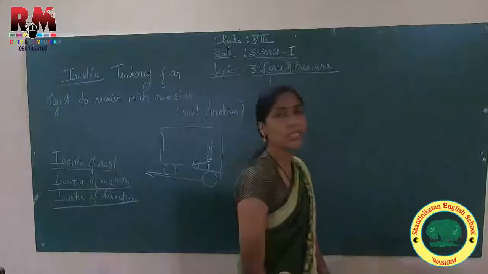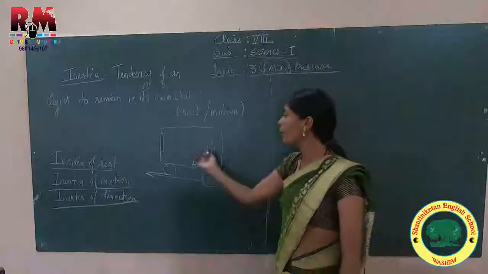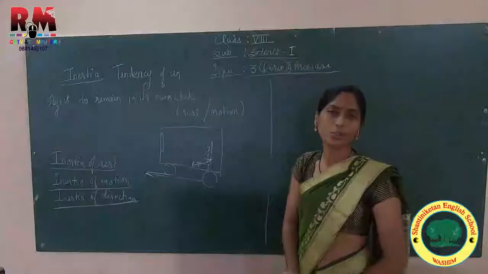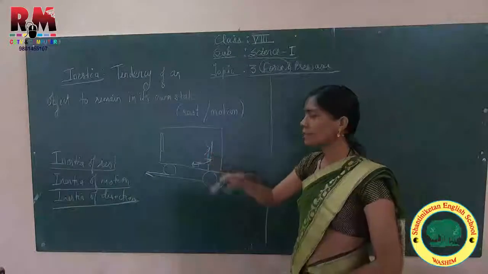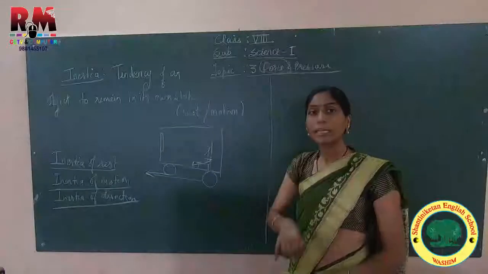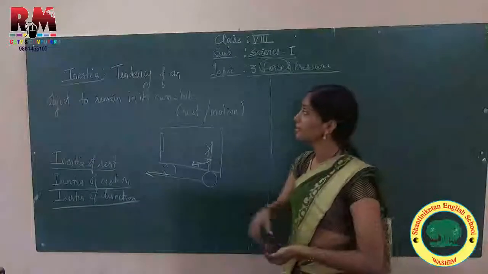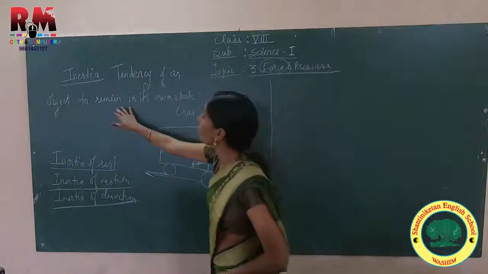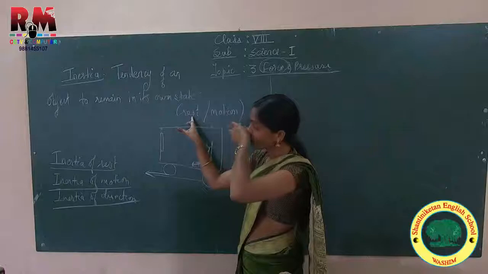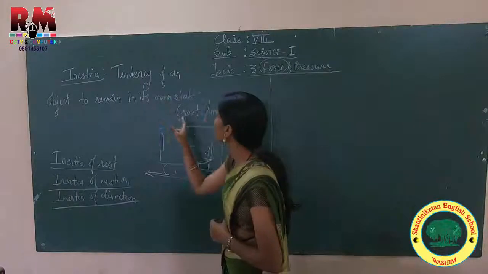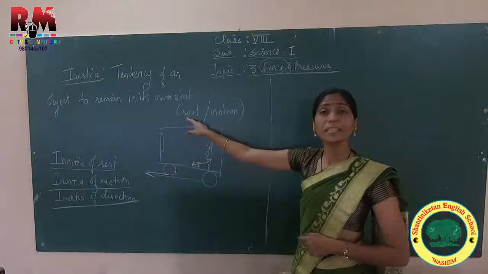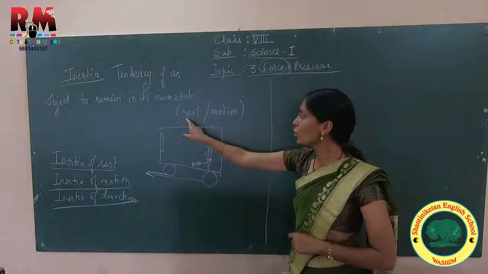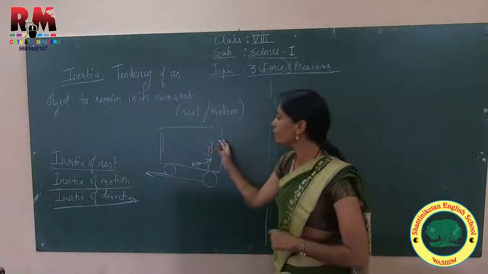Just now we took one example of a bus. That was for inertia of rest. The object is at rest, so it has a tendency to remain in its own state. It will have a tendency to be at rest. Then the bus will suddenly move.